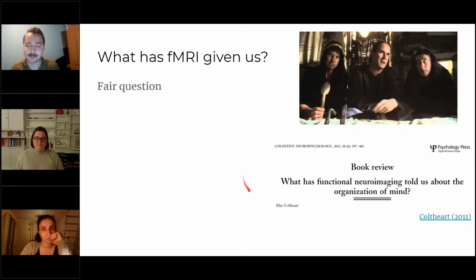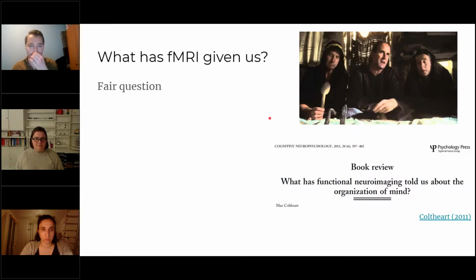But just to give you some clues that this question of whether neuroimaging is actually useful is not just theoretical: people do question this and have been somewhat skeptical on whether this has been particularly conducive to cognitive neuroscience. For example, the neuropsychologist Max Coltheart has this relatively famous article where he's skeptical about the use of fMRI in cognitive neuropsychological research.